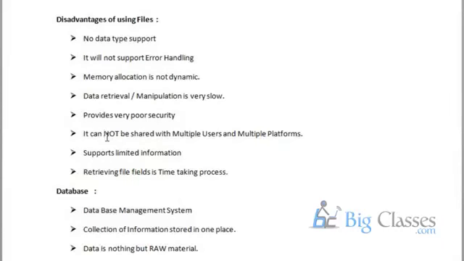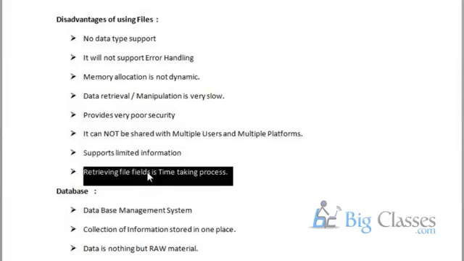This is also a drawback. So sharing is not possible with these files. If it is possible also, it is a little complex compared to databases. Then it supports limited information only. Then retrieving the file fields is a time-taking process. So from files, retrieving the information is a time-taking process compared to the data present in databases.